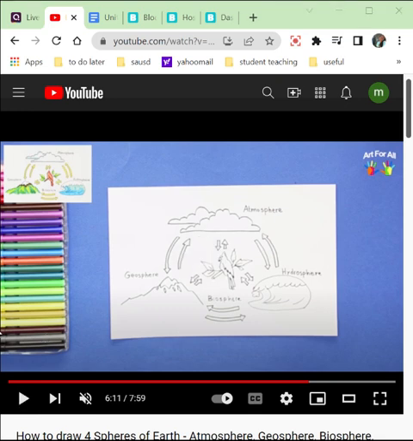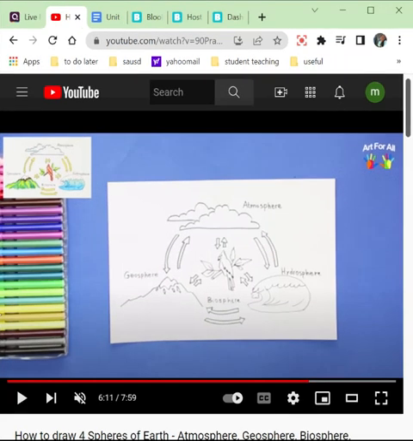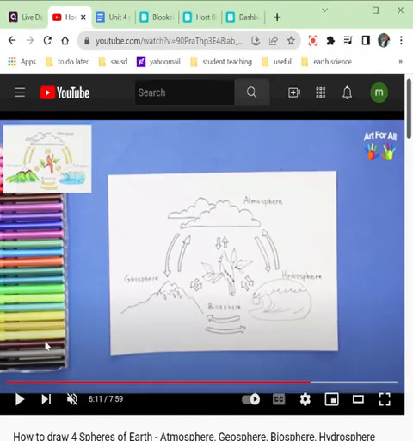Okay, that's it. I'll give you like 3 minutes to finish up, and then we'll take our group picture, and then we'll start on our notes.